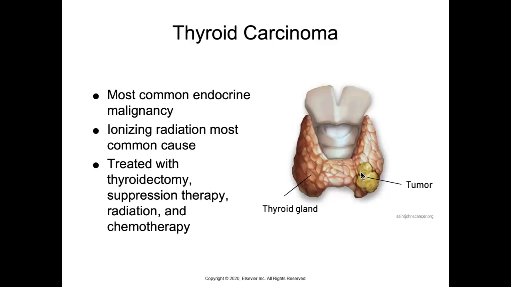And most people with this carcinoma have normal T3 and T4 levels, but will experience some clinical manifestations, such as a change in their voice or swallowing, having maybe some difficulty breathing, because as the tumor grows, it starts to impinge on the trachea, which is right behind the gland here, and it can also affect the esophagus, which lies posterior to the trachea.